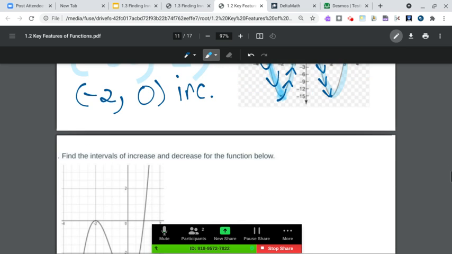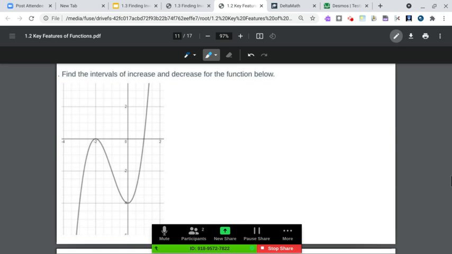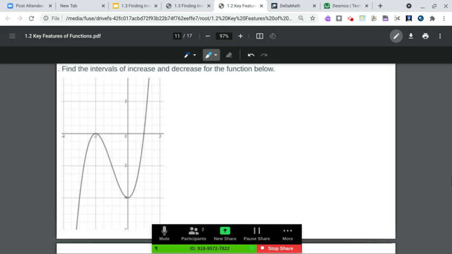Okay, let's do another one. Find the intervals of increasing and decreasing. Okay, so we're going to look from left to right. It helps too if in your mind you indicate where your turning points are, because a turning point is a change in direction of the graph.